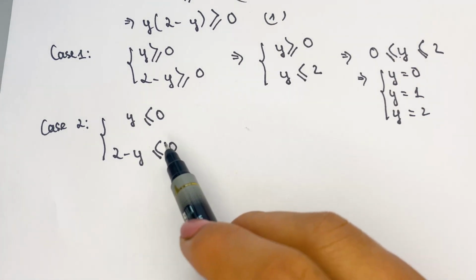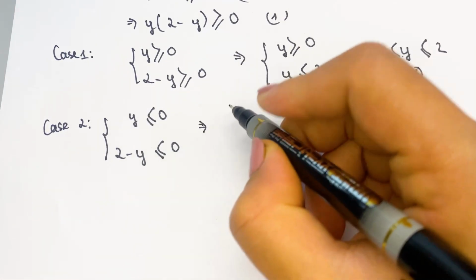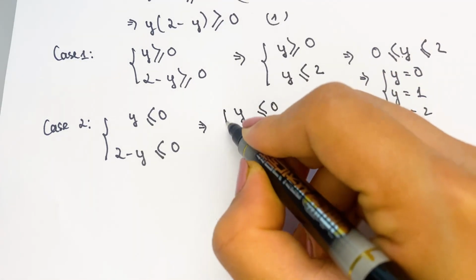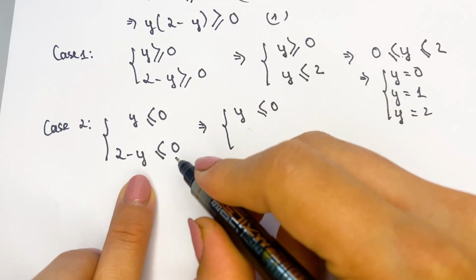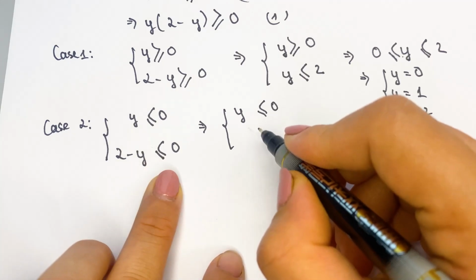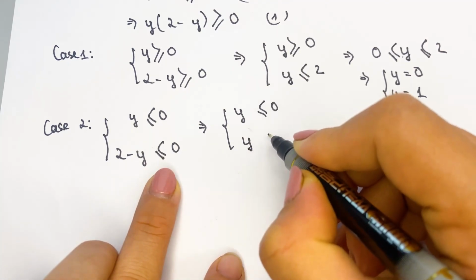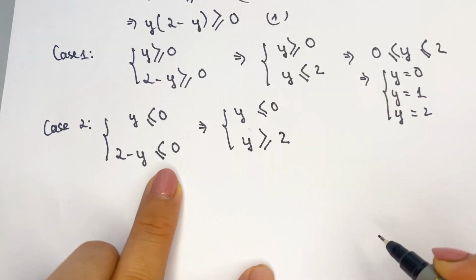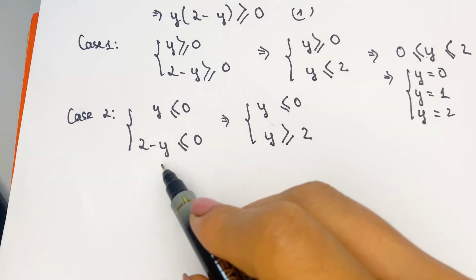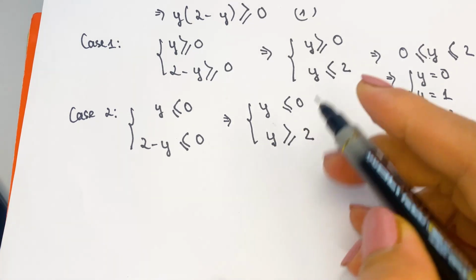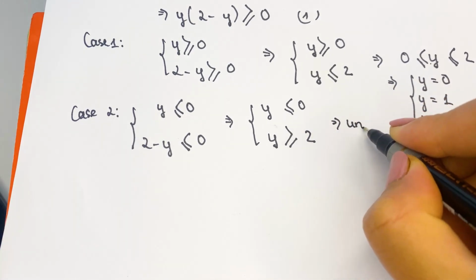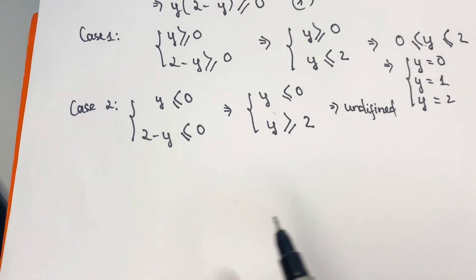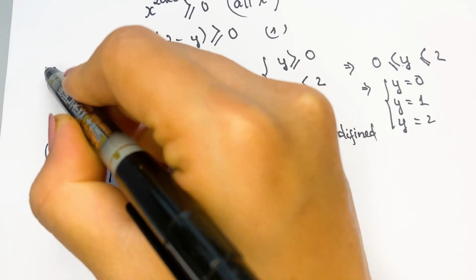And then for case number 2, we have y is smaller than or equal to 0, and from the other inequality, y is greater than or equal to 2. So the system of inequalities has no solution, right? So we just have case number 1.